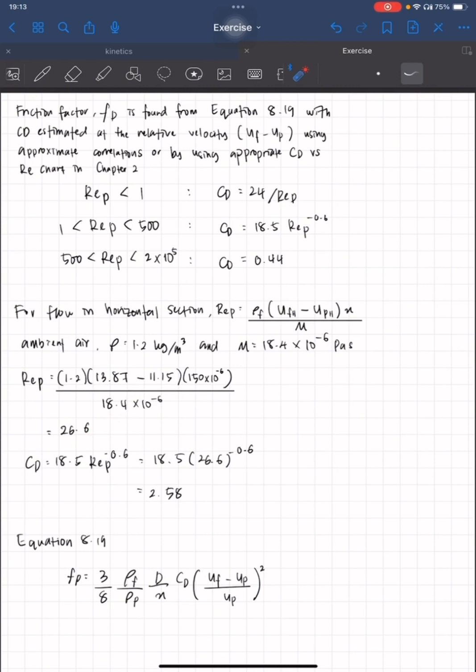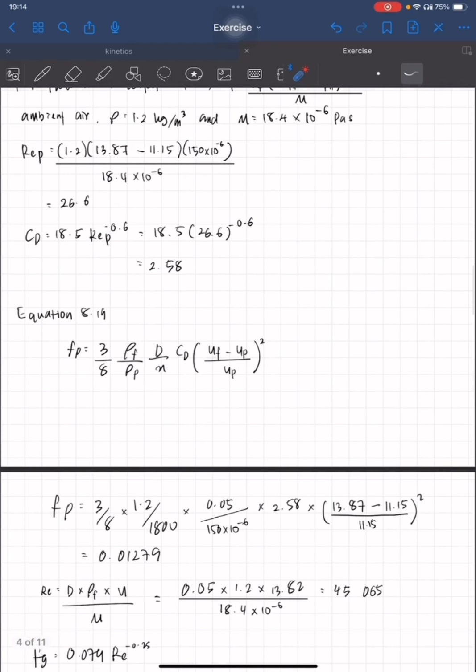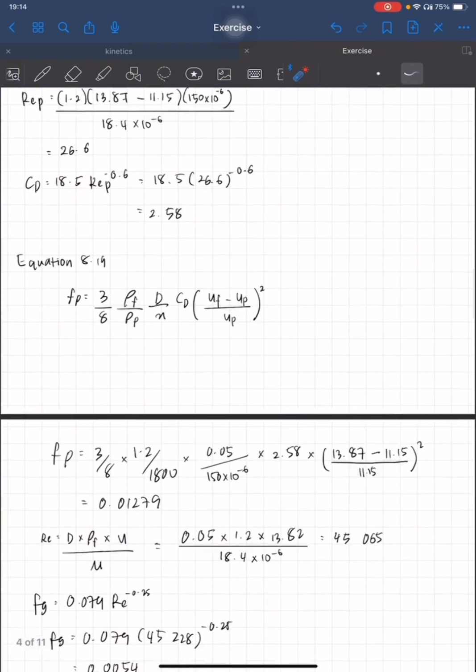Then follow these correlations. We choose the suitable equations and correlations to be used. By using this equation, we can find the CD value, which is 2.58. Then we can find the friction factor for the particle using this equation and get the value of 0.01279.